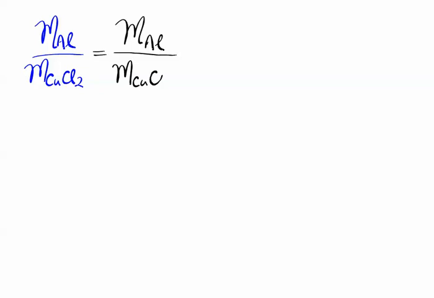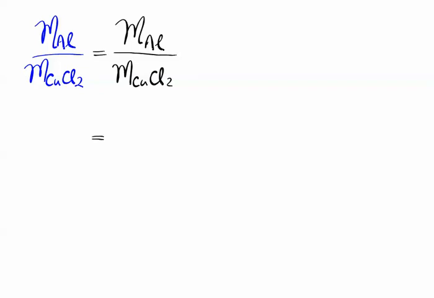Copper chloride, copper 2 chloride, good. And because yesterday we determined that that was the limiting reactant, very good. So everything's going to be set in reference to that. That's Al there, and that's CuCl2 there. Okay, and away we go.